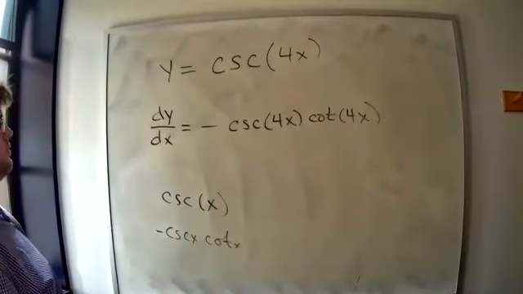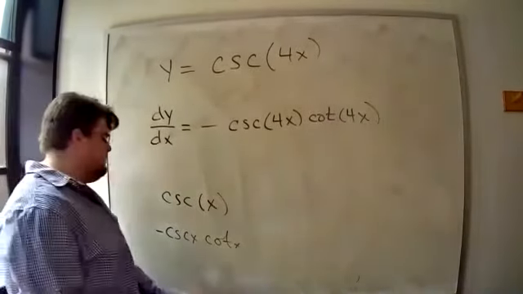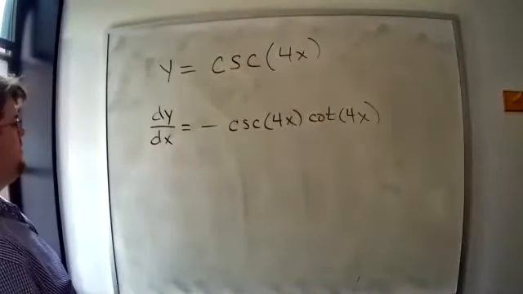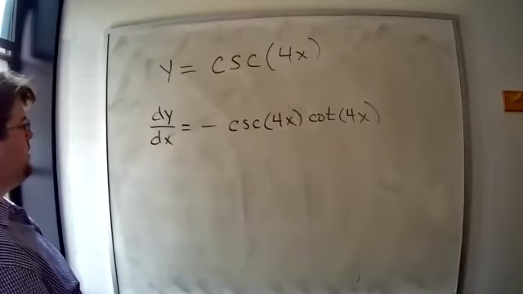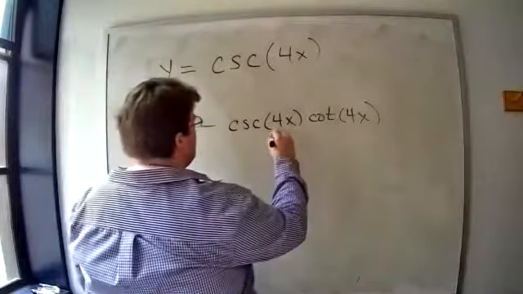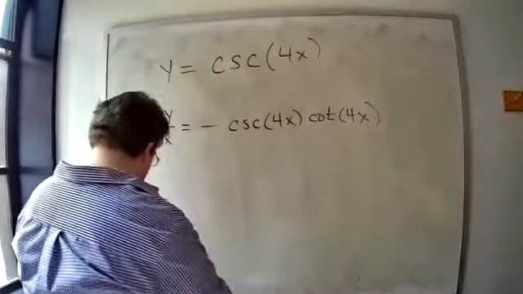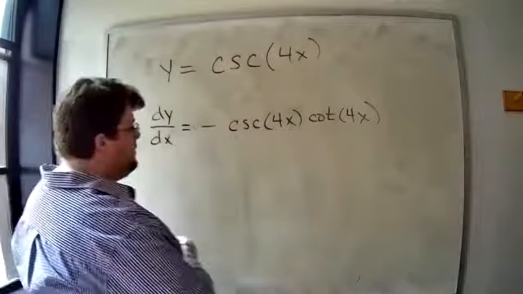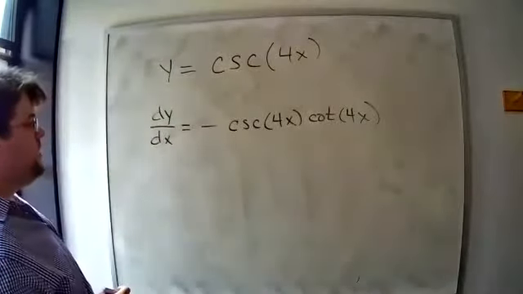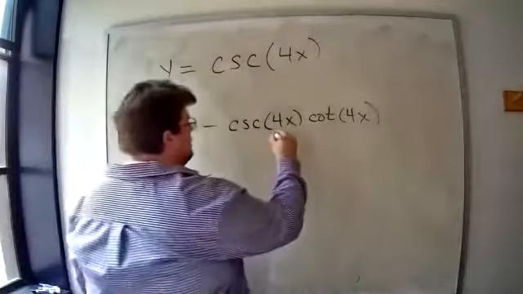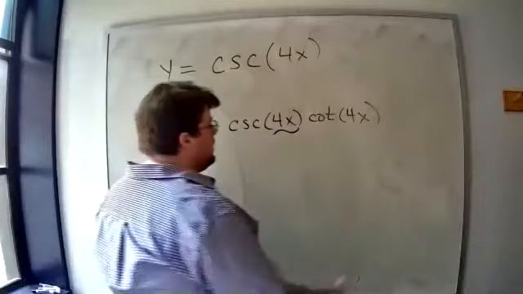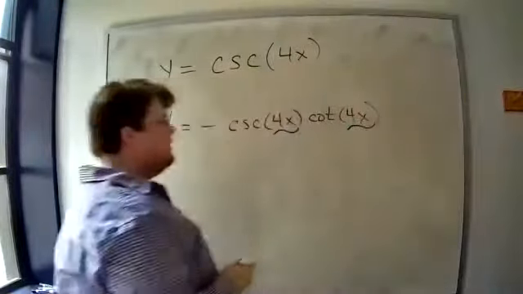But then we need to use chain rule. How do we use chain rule here? Well, there's an incorrect way and a correct way. Let's use a different color for the chain rule here. You might observe we have a negative cosecant of 4x, so there's a 4x in there, and a cotangent of 4x.